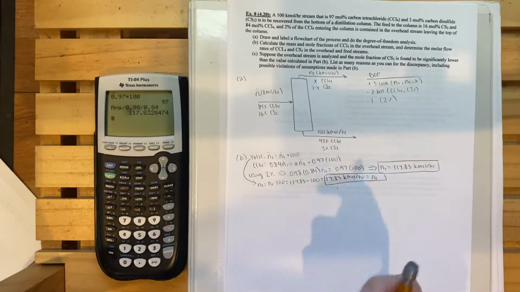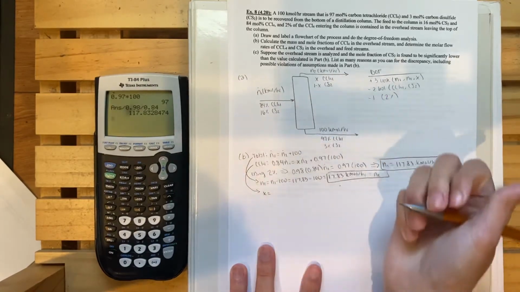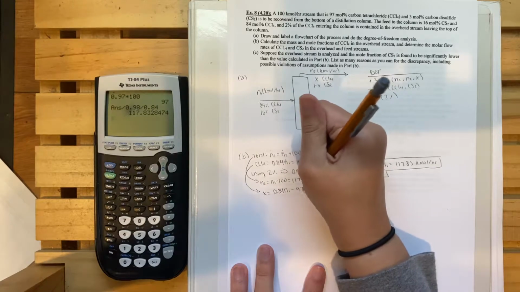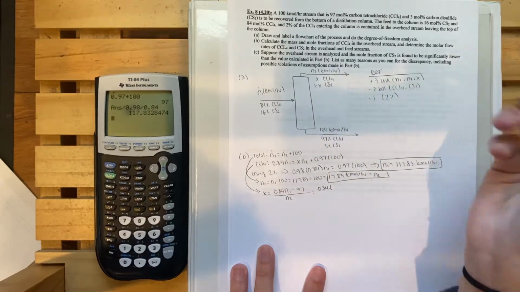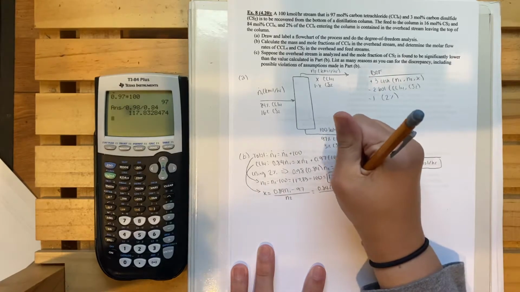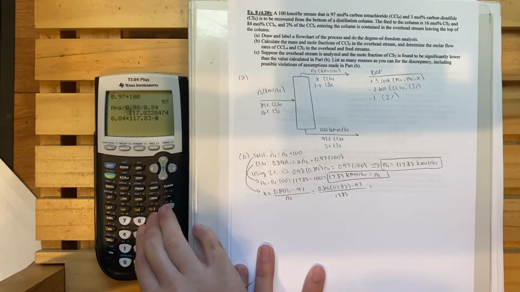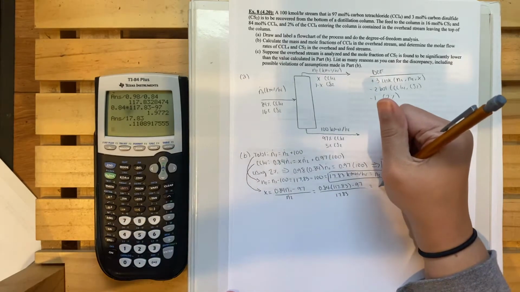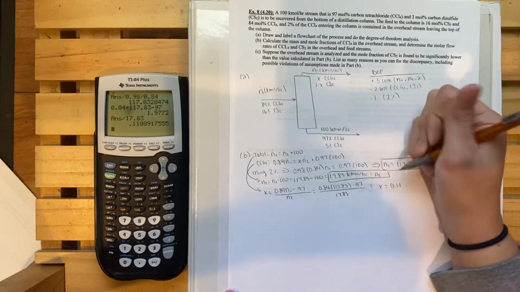And now we know N1 and N2, so we can use the carbon tetrachloride balance to figure out X. So X is going to be equal to (0.84 N1 minus 97) over N2, and we get that X is equal to 0.111.